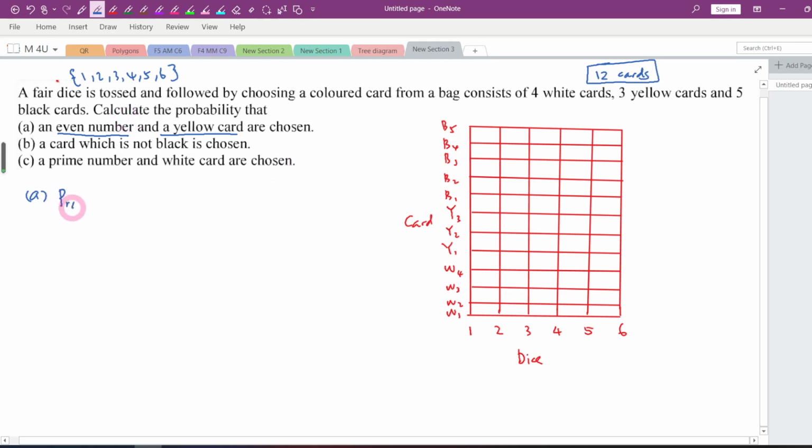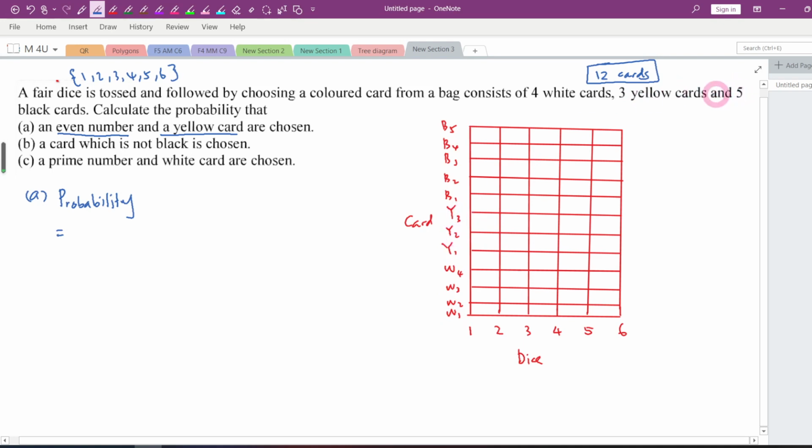Okay, let's find the probability for part A. Even number and a yellow card. Let's look at this one. So fair dice, 6 possibilities, 1, 2, 3, 4, 5, 6. For white card, I write W1, W2, W3, W4. 3 yellow cards, Y1, Y2, Y3.